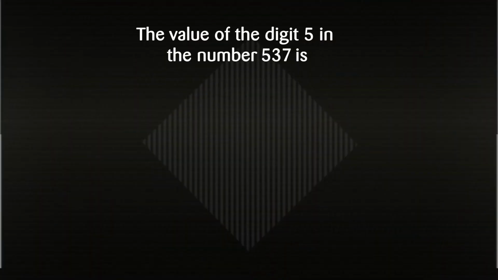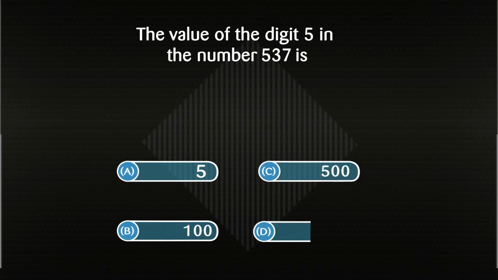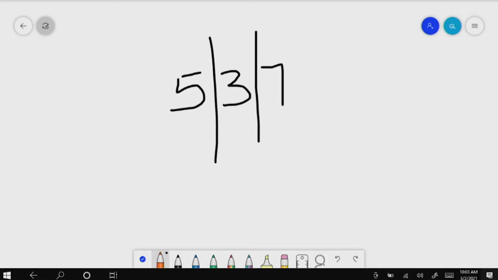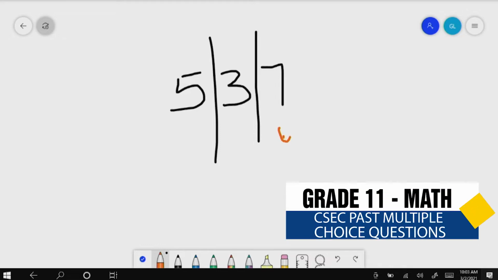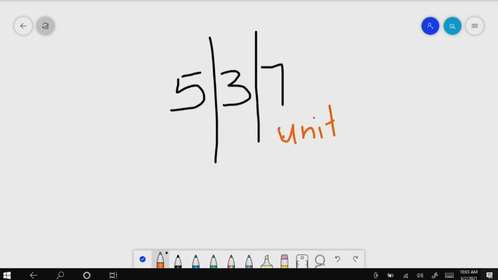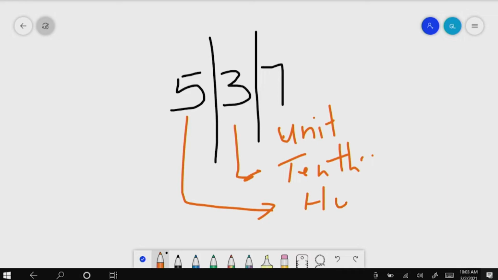The value of the digit 5 in the number 537 is? Here we have a question that is asking us for place value in a number, 537. Now if we were to divide this number into the different components, we would see that 7 is in the units column, 3 is in the tens column, and 5 would have been in the hundreds column.